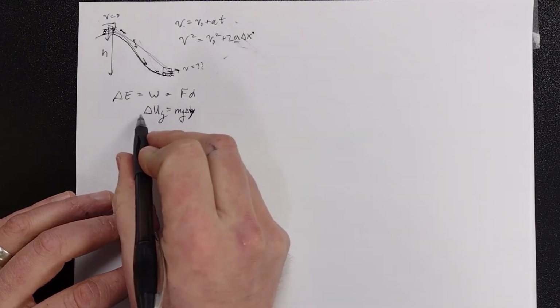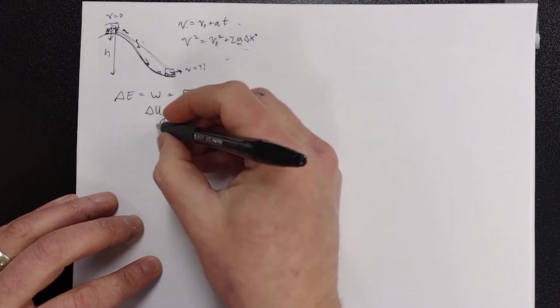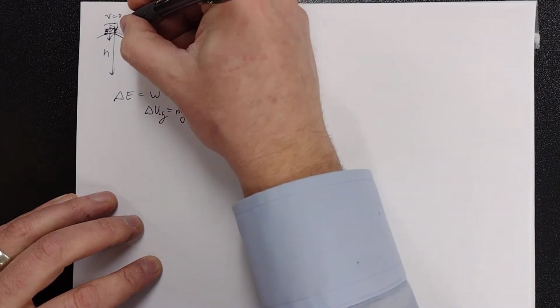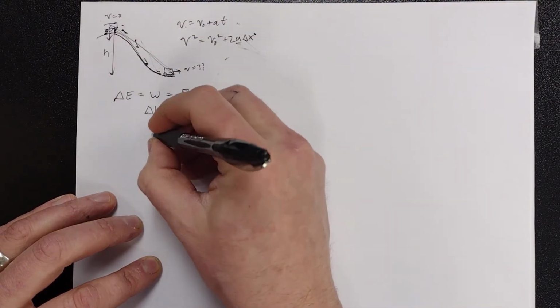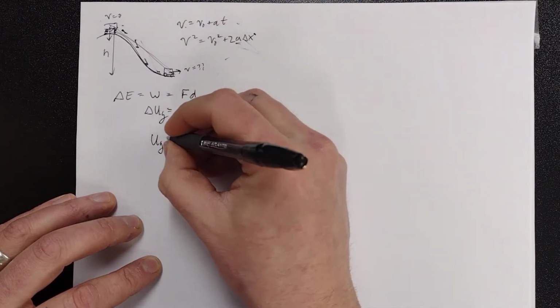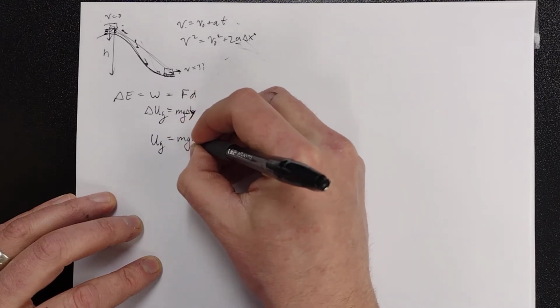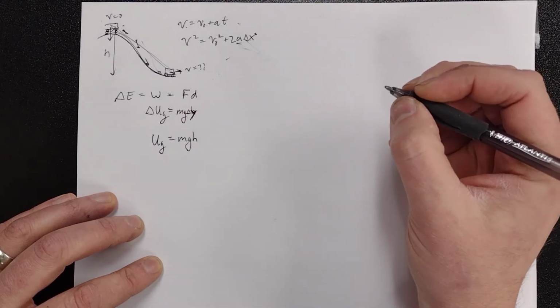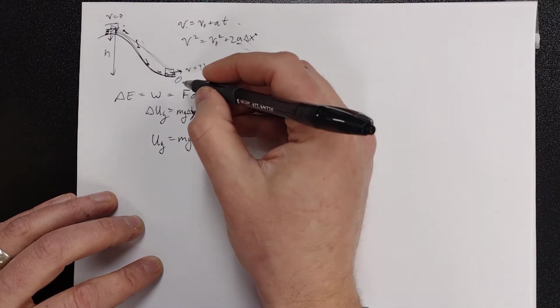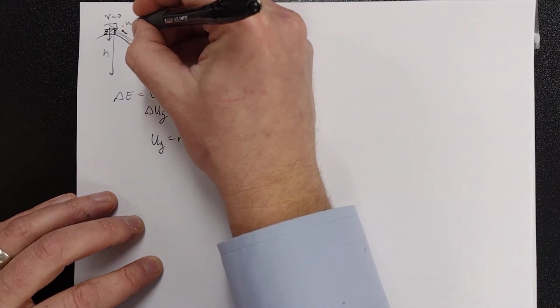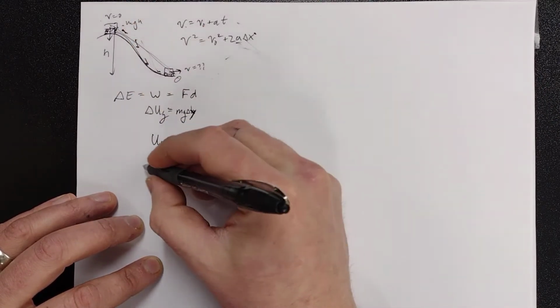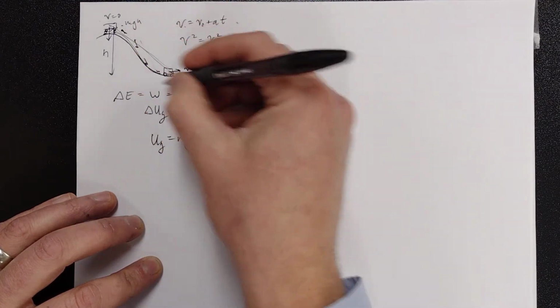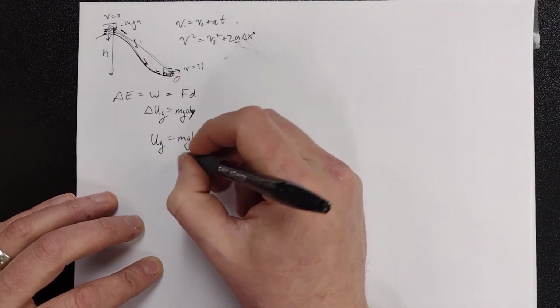Now, we usually don't include the delta. We usually say, what's the energy at a particular location. So UG at a particular location is mg times the height at that location. At the bottom it's 0, at the top it's mgh. So delta UG would be negative mgh as it fell.